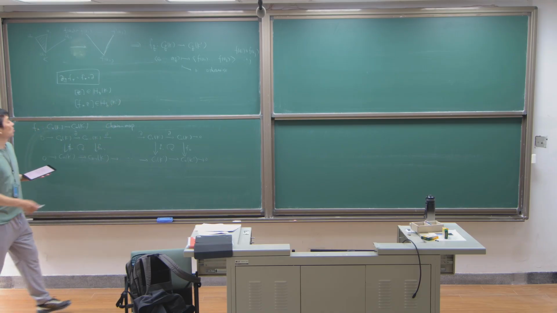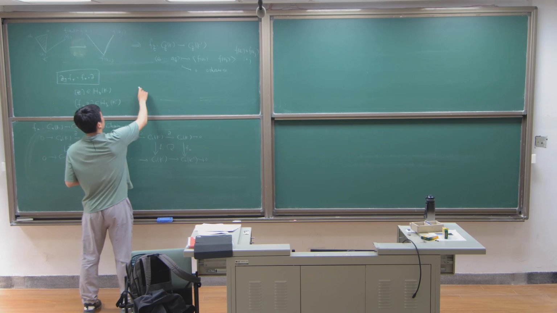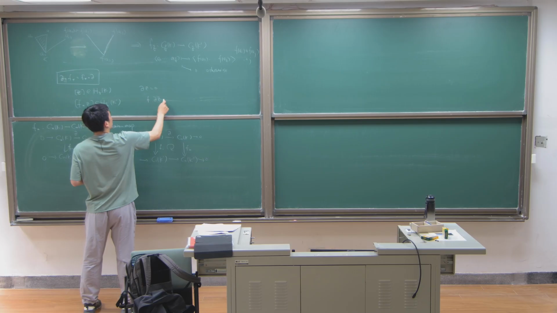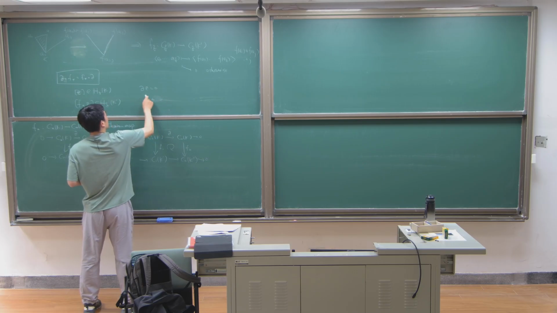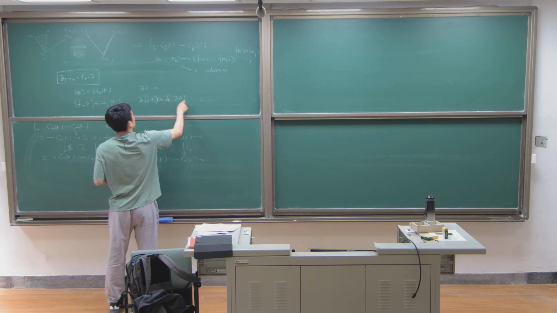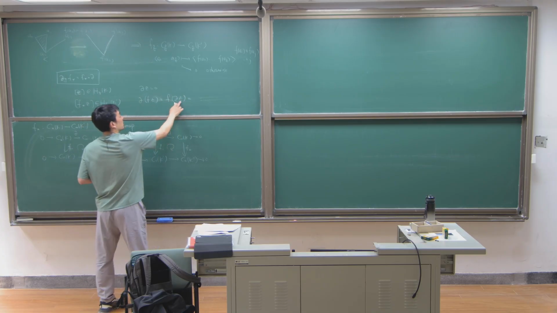Since the boundary of Z is equal to 0, boundary of FZ is equal to F of boundary of Z, which is F of 0, equal to 0.